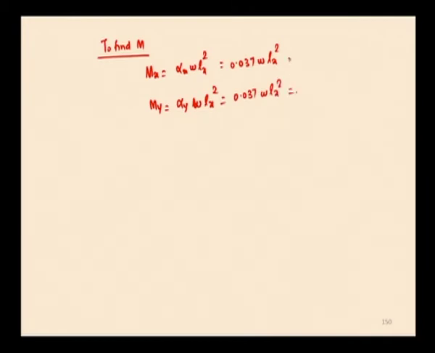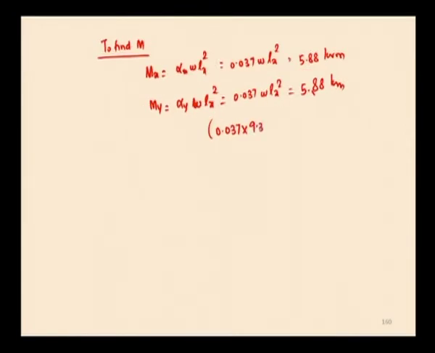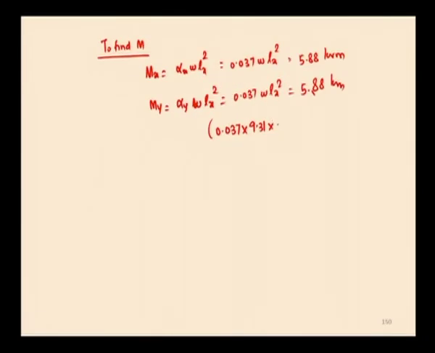So, here the maximum bending moment is 5.88 kilonewton meter, that is 0.037 into the total load acting on the slab, 9.31, into Lx, 4.23 square, that is 5.88 kilonewton meter. So, Mx which is equal to My is equal to 5.88 kilonewton meter.